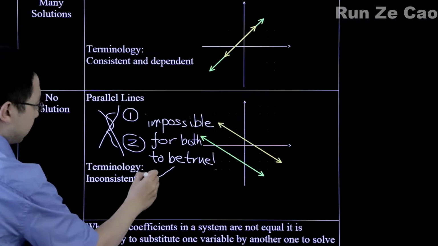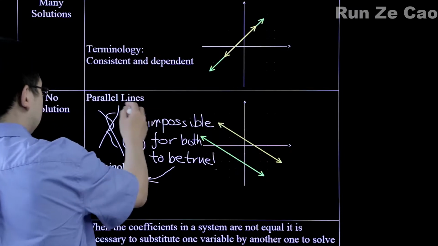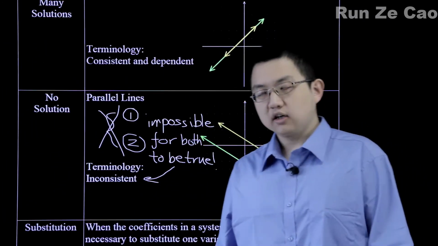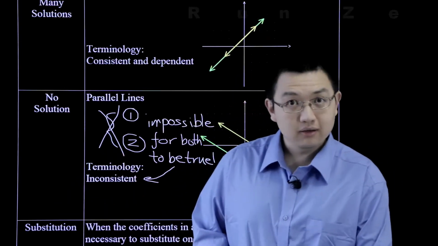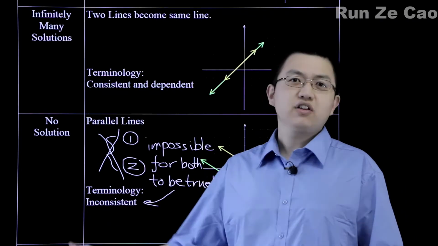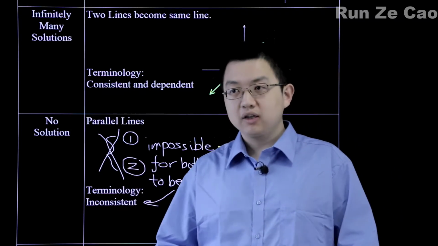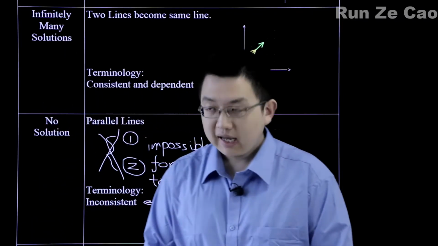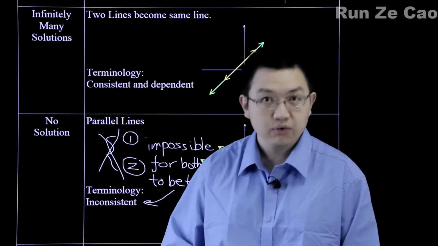That's why we call it inconsistent, because it's inconsistent with the idea that you can group these two linear relations together and claim that there is an answer to be evaluated. Whereas here, with infinitely many solutions, if they're the same line, of course, they completely overlap. They have infinitely many points at which both lines are true, and thus we call this consistent because there is at least one solution.